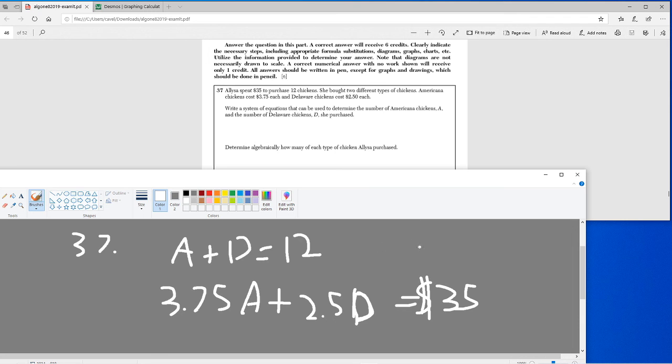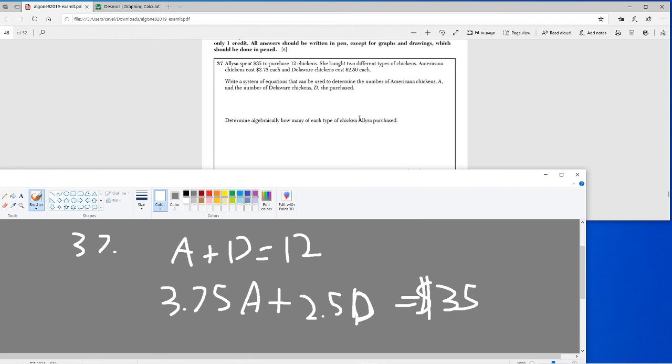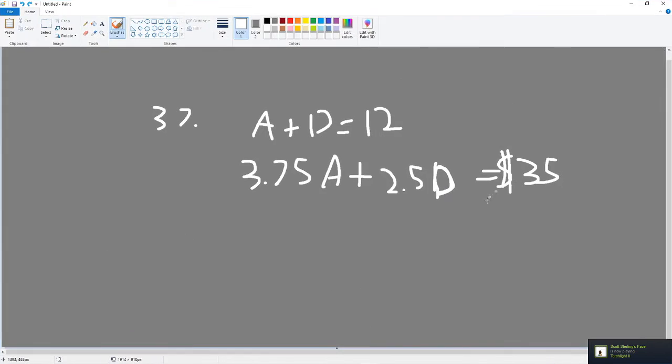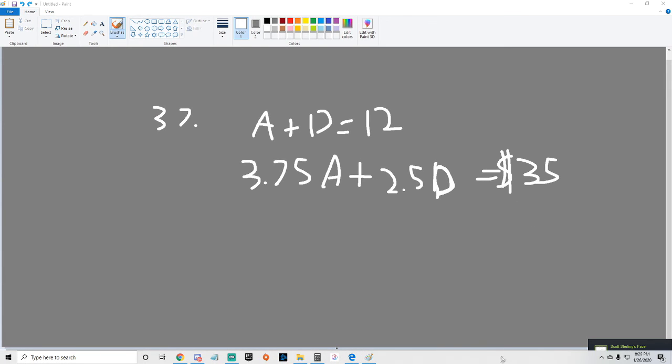So this is for part A, or the first part. Now, determine algebraically how many of each type of chicken Alyssa purchased. We can solve for either one.